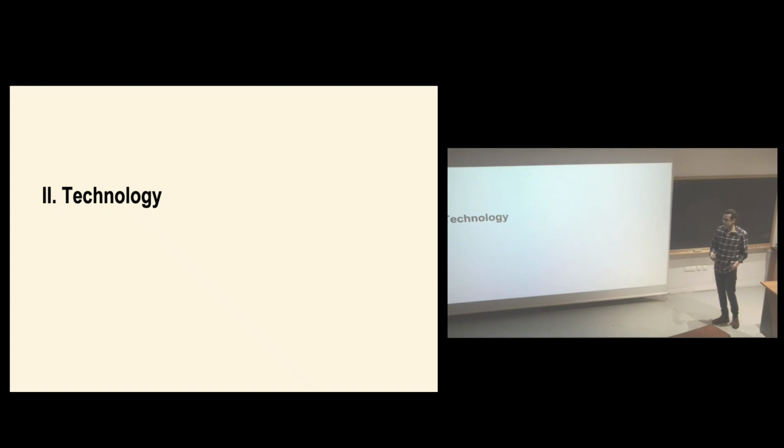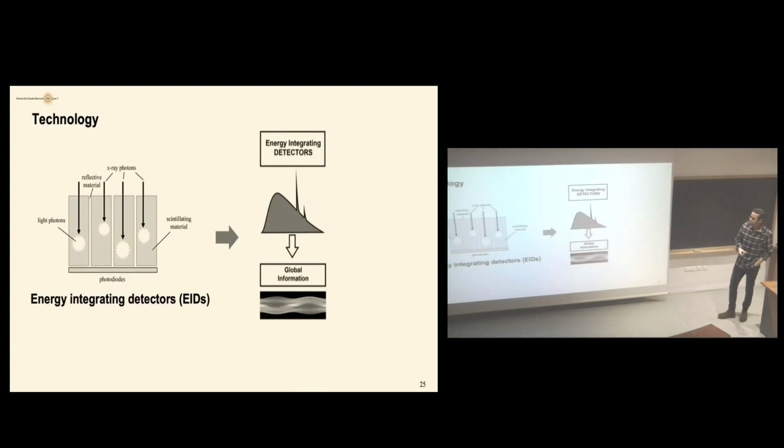Okay, now let's talk about technology. We said that conventional CT and dual energy CT are based on energy integrated detectors. These detectors lose the energy-dependent information of the tissue because all the photons are integrated.